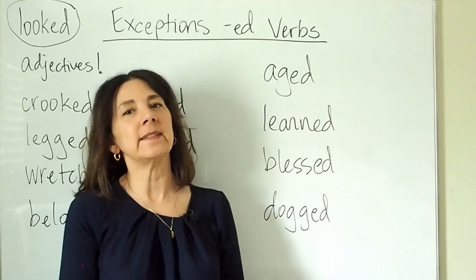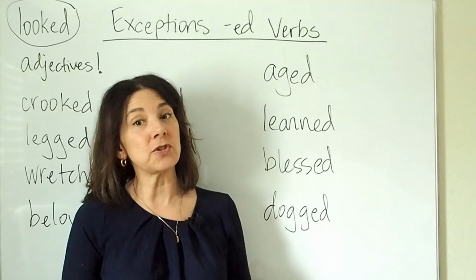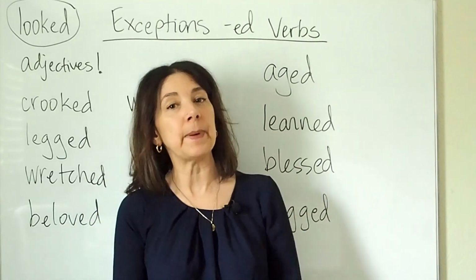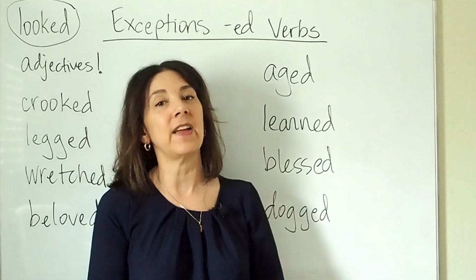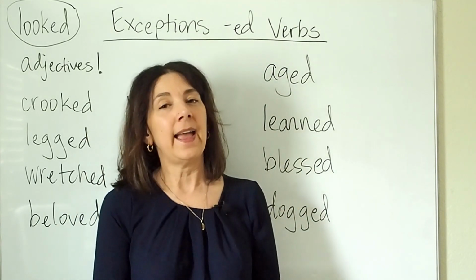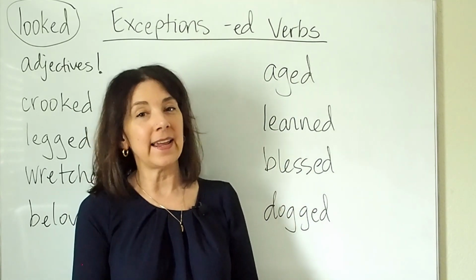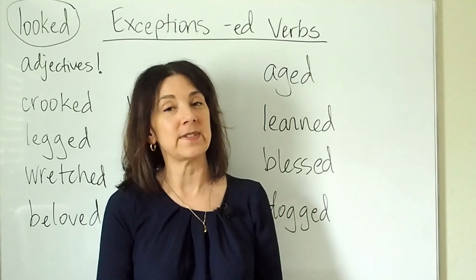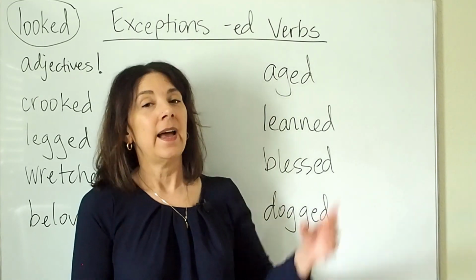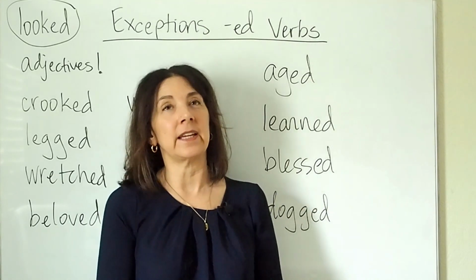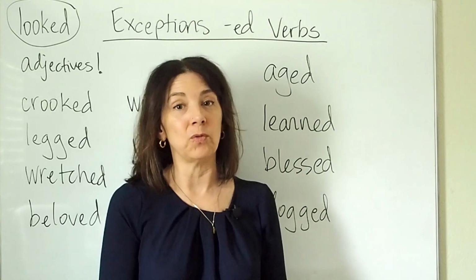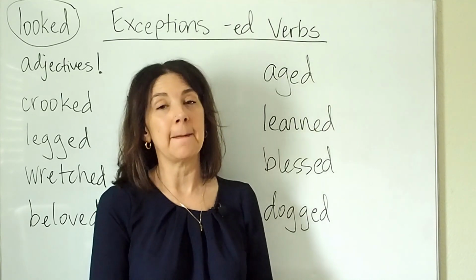The first one is aged. Now this one is tricky because we have the past tense verb aged and the adjective aged. Aged and aged can both be used as adjectives. However, in this meaning, aged, it's usually used to describe an old person, an aged man.